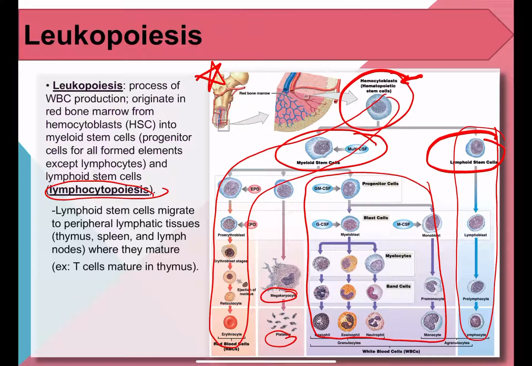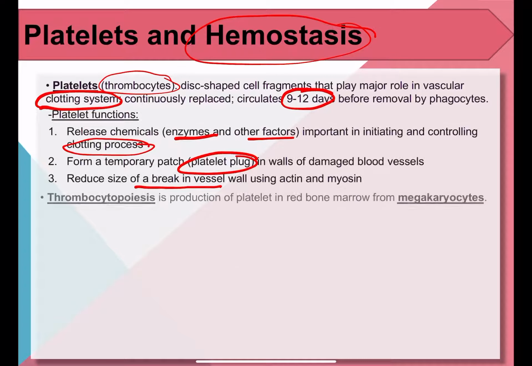It's a huge cell with lots of little pieces, and these little pieces are going to break off and form your little platelets at the end. The process of forming platelets is called thrombocytopoiesis. No surprise there, thrombocyte generation. And like I said, they come from precursor stem cells called megakaryocytes.